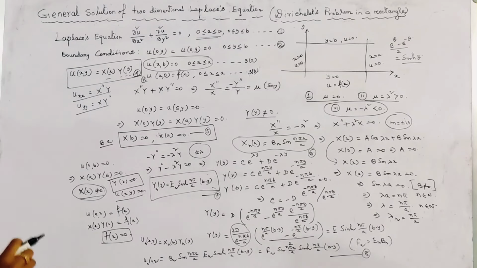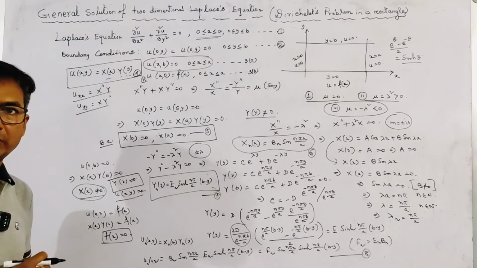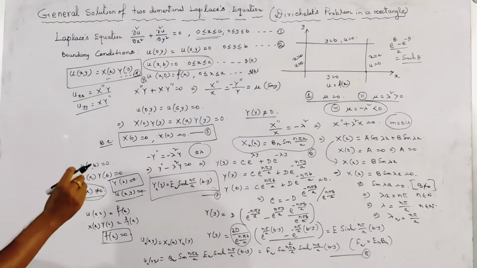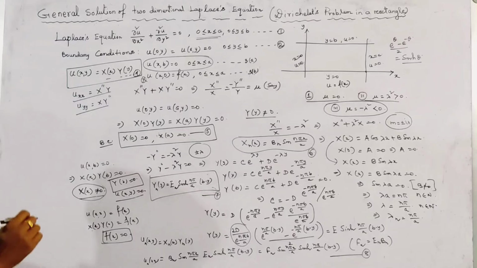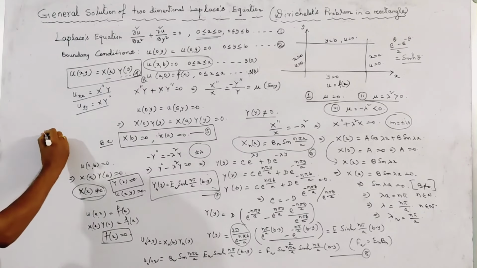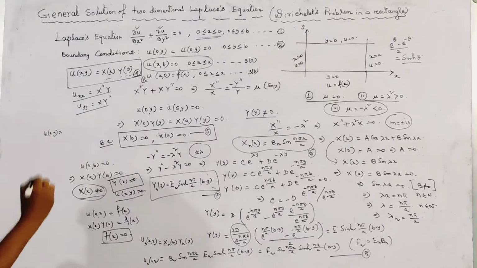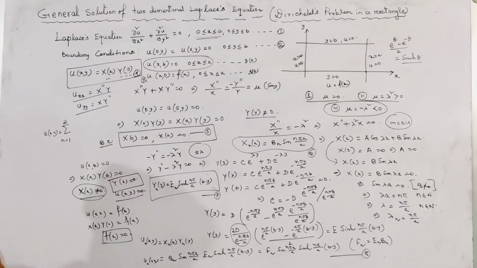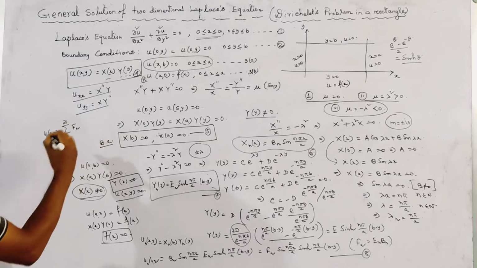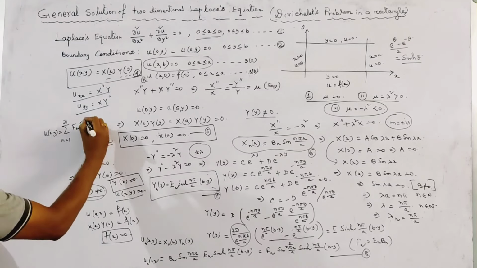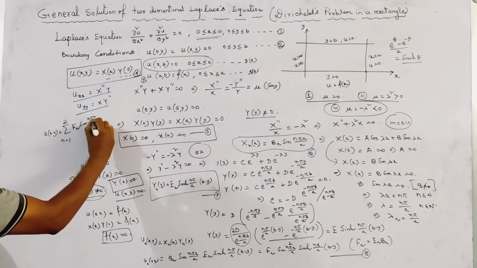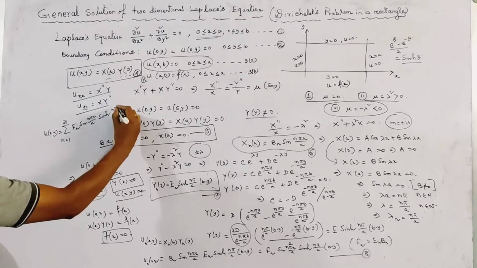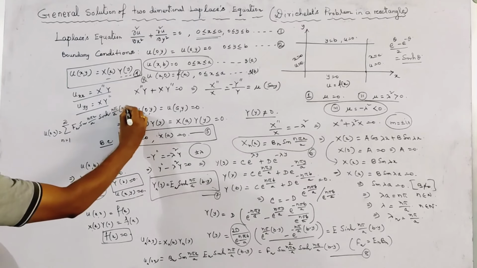Now by using the superposition principle, or the principle of superposition, we get the general solution of u x y, which is given by u x y equal to summation n equal to 1 to infinity, f n into sine n pi x by a into sine hyperbolic n pi by a into b minus y.